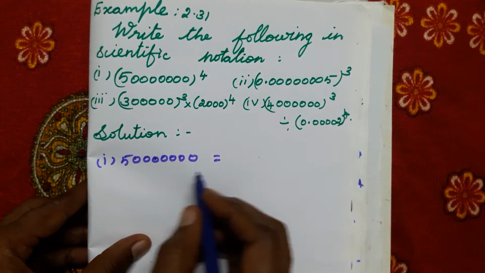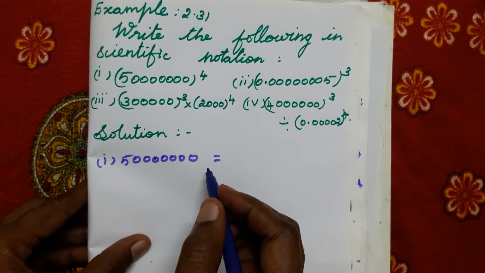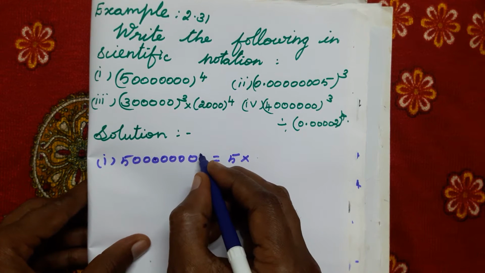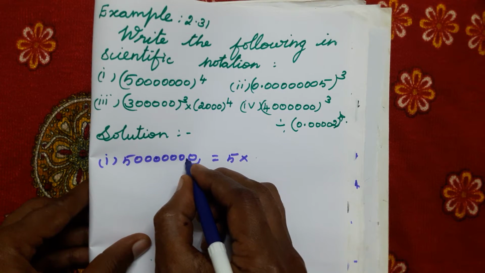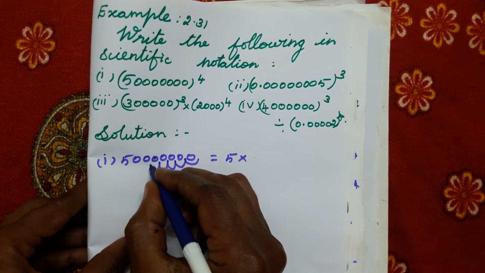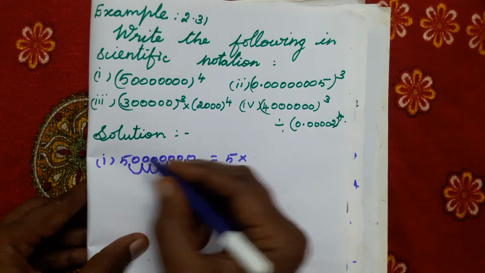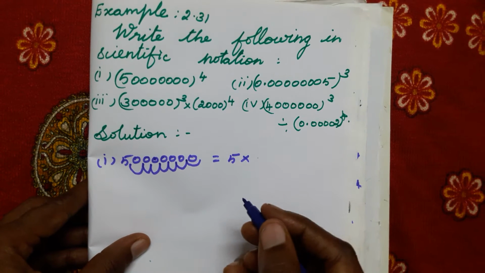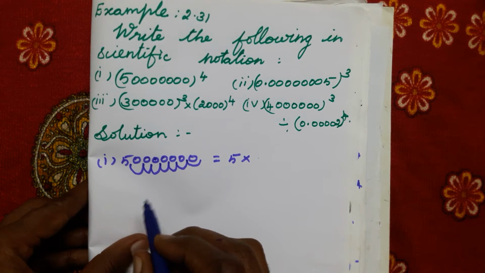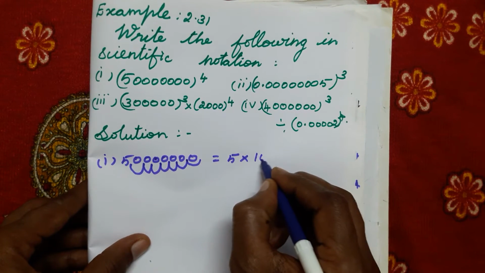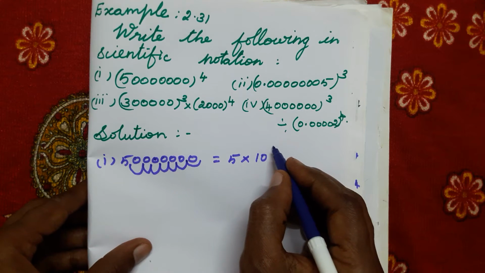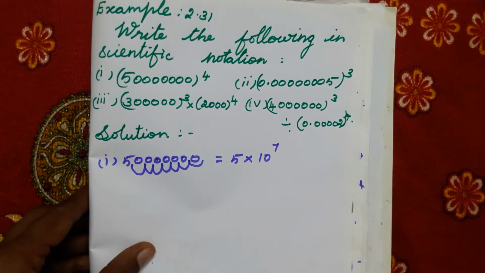How can we write this in scientific notation? How many digits before we want to put the decimal point? 1, 2, 3, 4, 5, 6, 7. We move the decimal place 7 digits left. 7 digits left means what you have to write? 10 power plus 7 or minus 7? Yeah, plus 7 we can write it.